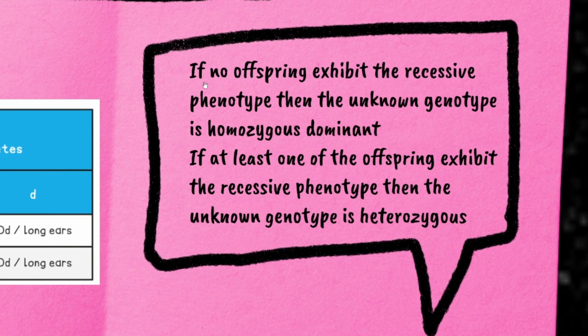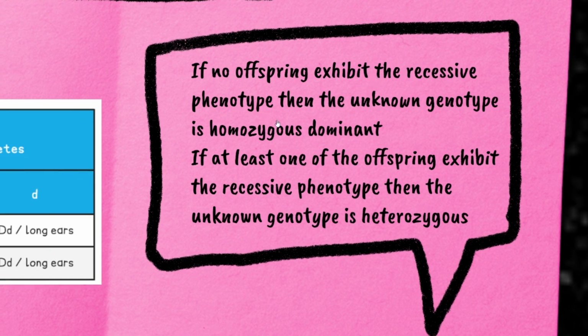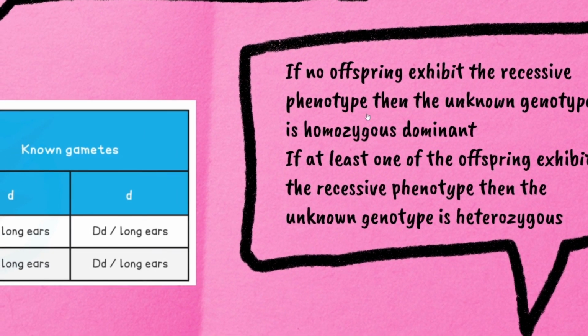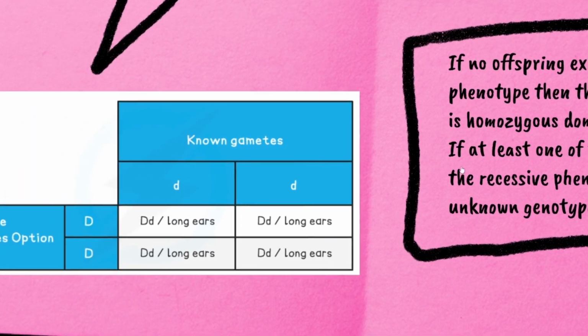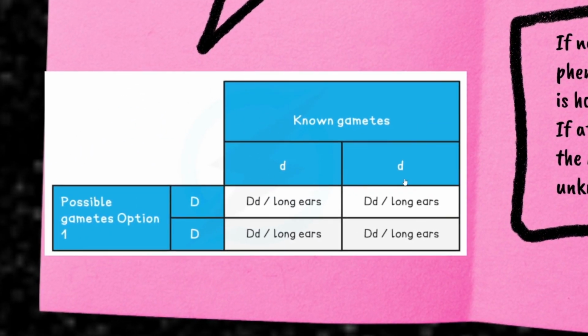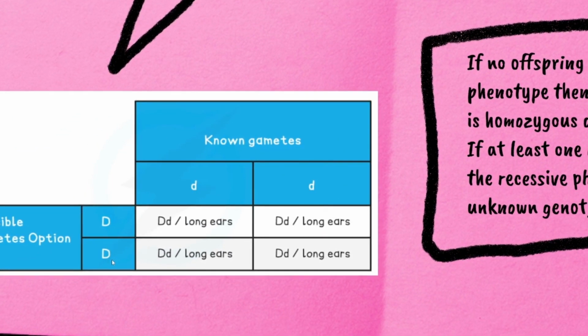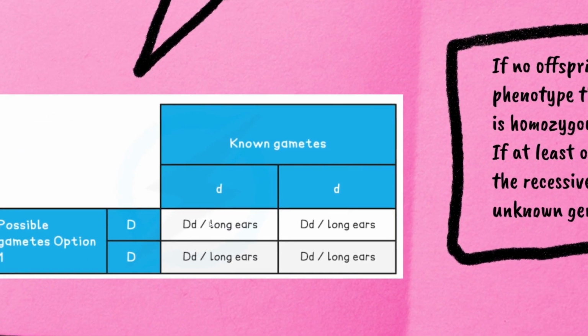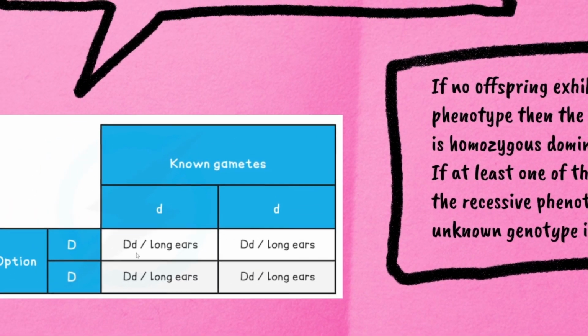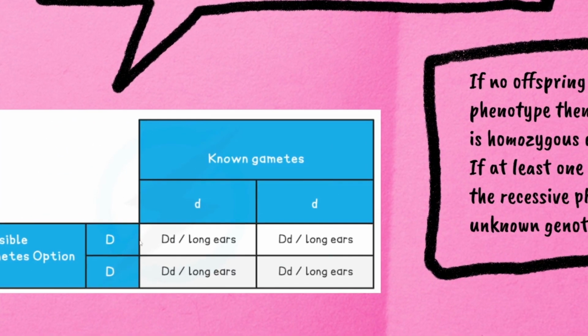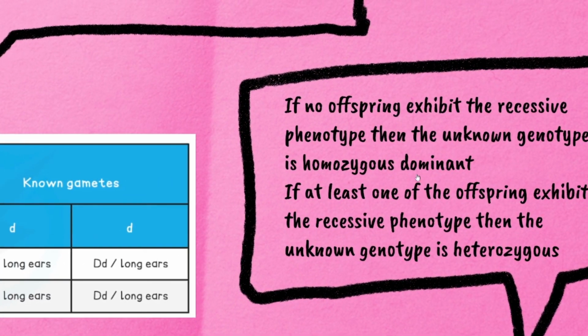So what is written here? If no offspring exhibit the recessive phenotype, then the unknown genotype is homozygous dominant. The recessive one is small d. So if there's no small d here, then the unknown organism is a homozygous dominant.